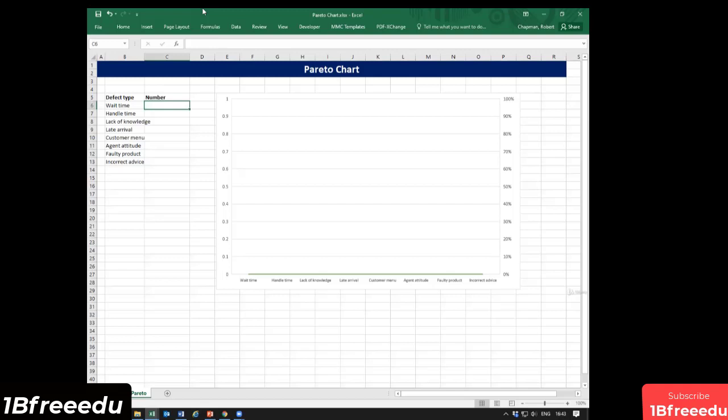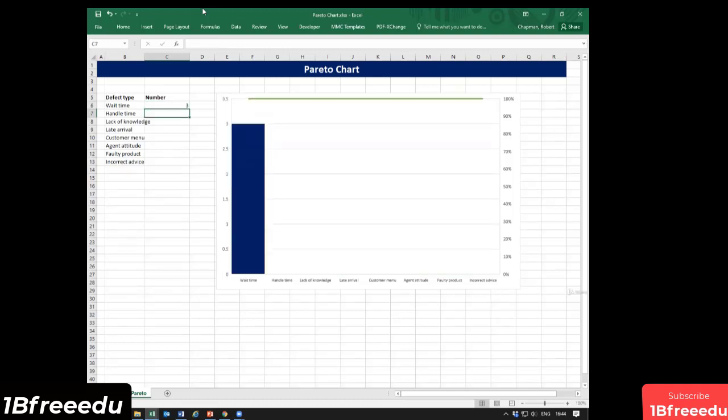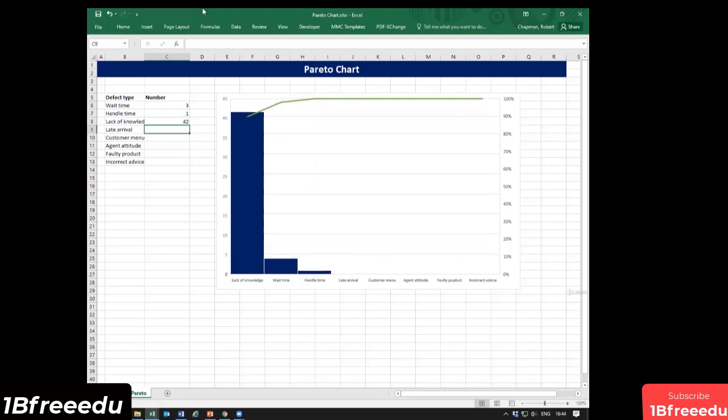And then we need to populate how many times, right? So this is where we start to build our Pareto. How many times are these occurring? So if we look at the information for the past couple of months, we know we had 3 complaints on wait time, 1 complaint on handle time, 42 complaints on the lack of knowledge, no complaints on late arrival.